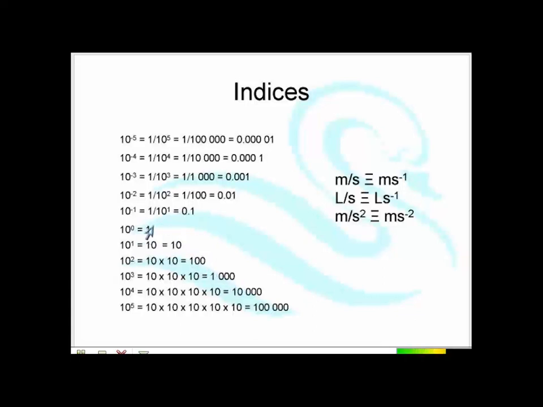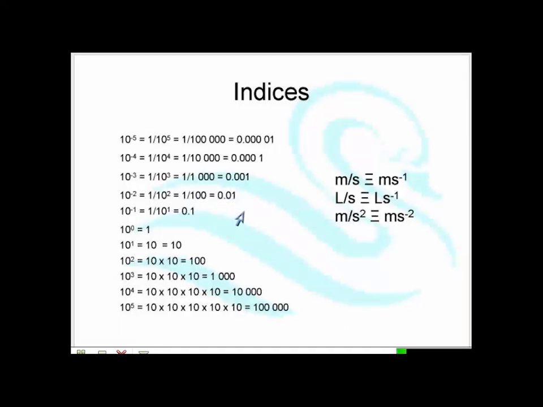And following the same pattern of dropping off zeros, when I go up the other way, the zeros start appearing on the other side. So 10 to the power of minus 1 is 1 over 10 to the power of 1, which is 0.1. 10 to the power of minus 2 is 1 over 10 squared, which is 0.01.